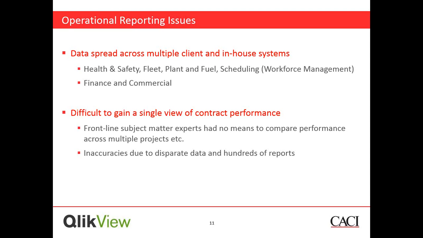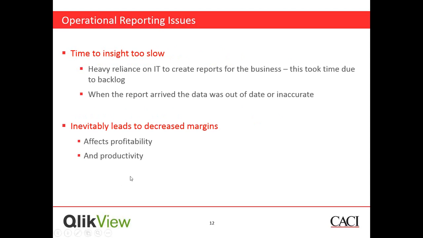and with heavy reliance on IT, it means that subject matter experts have no means to compare performance across multiple projects. There's usually inaccuracies due to disparate data sources and hundreds of reports. As Tom alluded to again previously, there's a heavy reliance on IT to create for the board, so there's a lot of toing and froing.